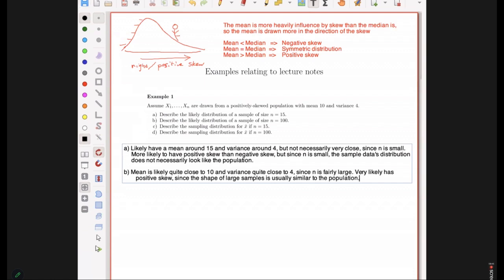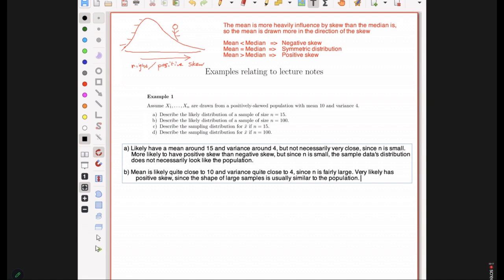Now, we have a small chance that the distribution of our sample doesn't look like the distribution of our population. There's always that possibility, but the bigger our sample size, the more likely it is to be shaped like the population. Does that make sense? Okay.